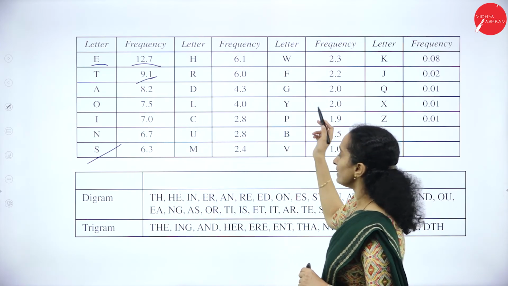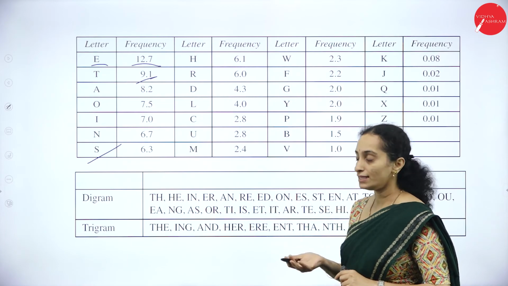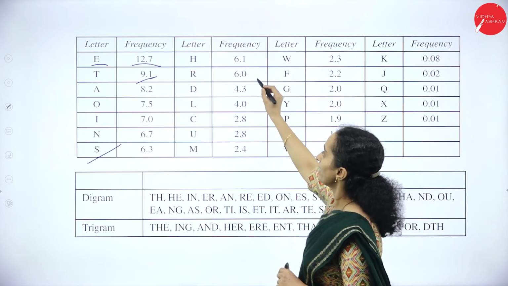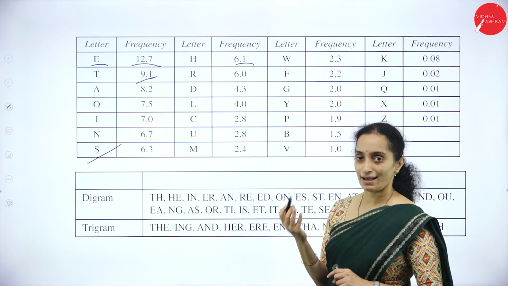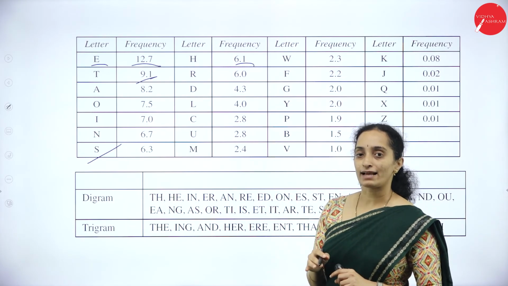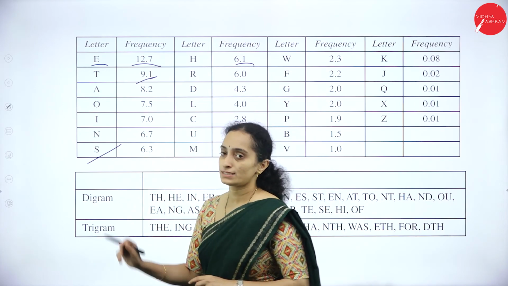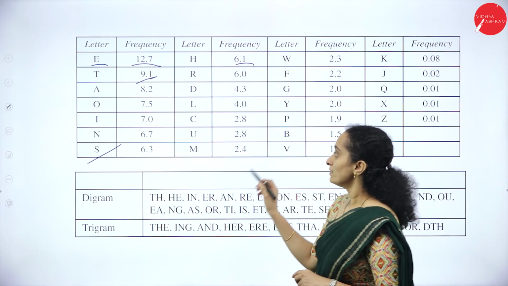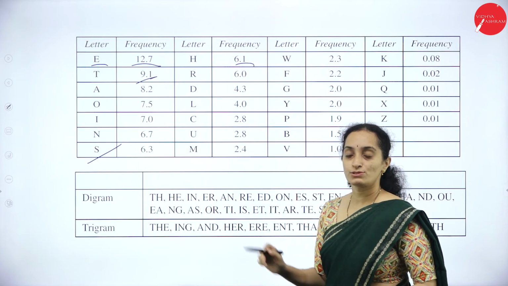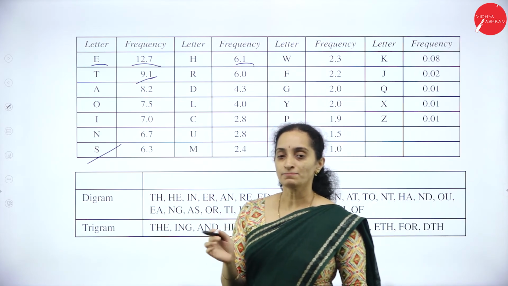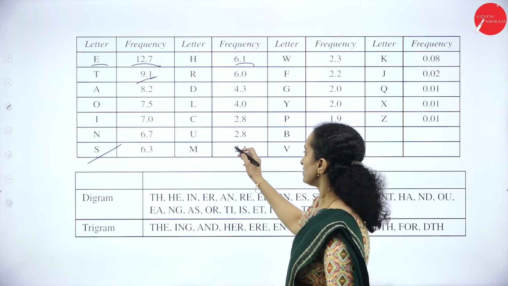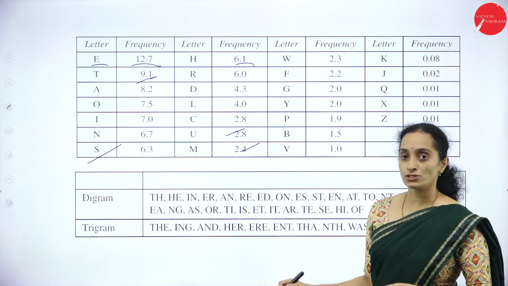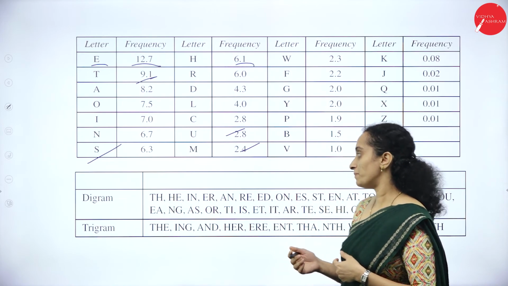H will also be there, since we use "the" most of the time, so H has 6.1. That means in the English language, the most commonly used character is E. So this tabulation gives you the frequency of the alphabets used in a message, and this frequency can be used to predict the alphabets.